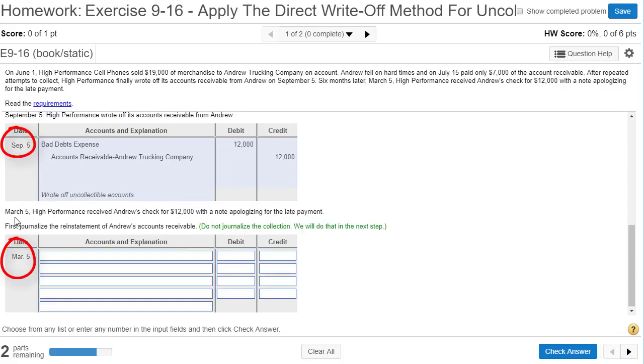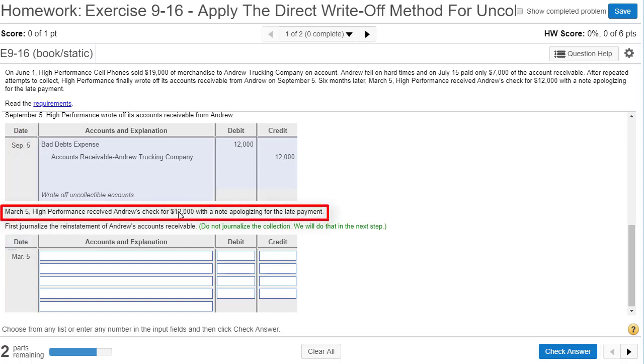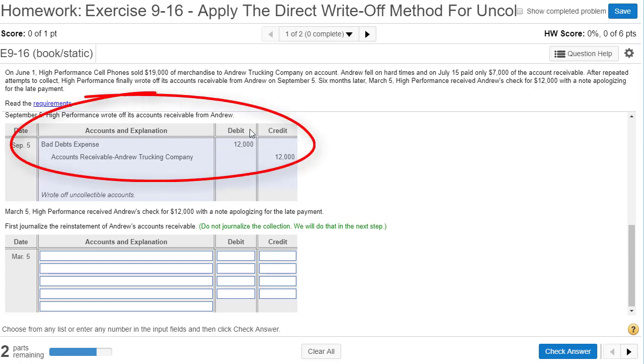So on March 5th of the next year, High Performance received Andrew's check for that $12,000 they never paid us, with a note apologizing for the late payment. So the process for reinstituting the AR is we have to go back to the transaction where we wrote it off, and we're going to reverse it.